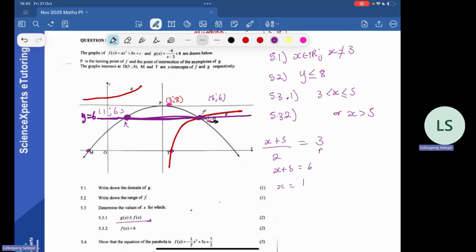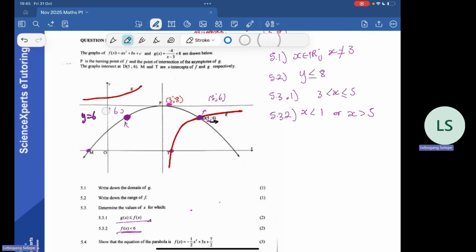So now my other solution would actually be x less than 1. That would be my other answer for this one. Then we've answered 5.3.2. Now let's wipe here. I'm gonna wipe that as well so that we don't mess our graph too much, so that we can answer the next questions. But I hope it makes sense now.